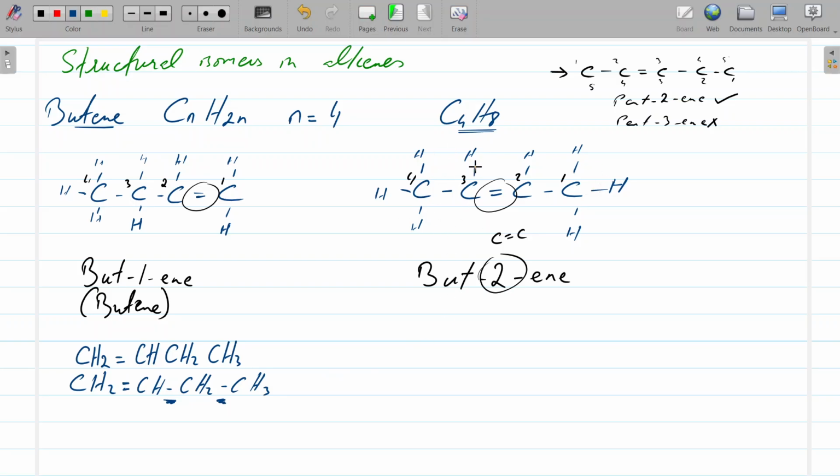What would be the structural formula for this one, butene? CH3, CH, with a double bond, CH, then another CH, and then CH3.